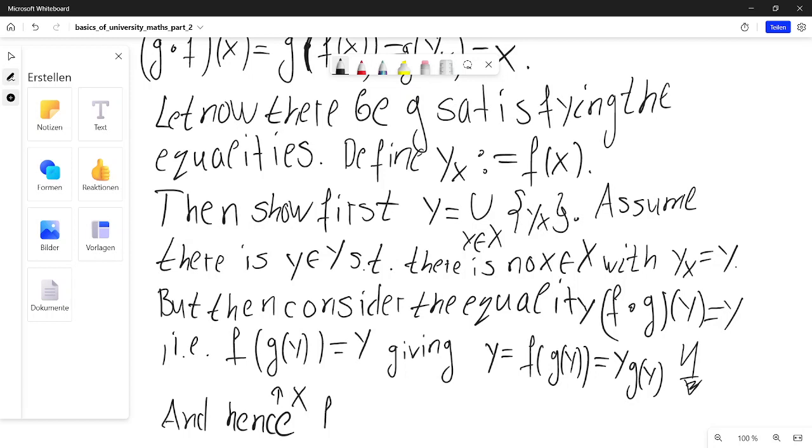So, and hence for each y element Y, there is x element X with, that's how I write "with" sometimes. It's like "without," but without O. Yeah, with y equal x.